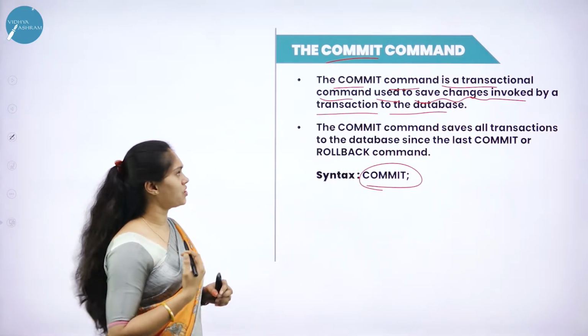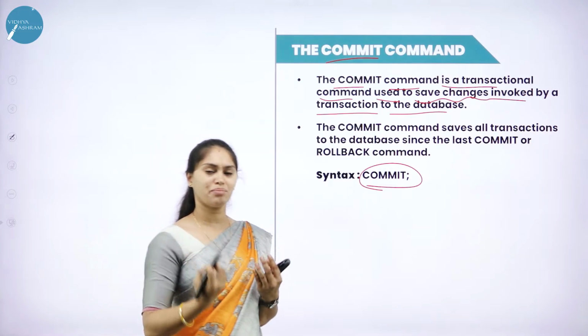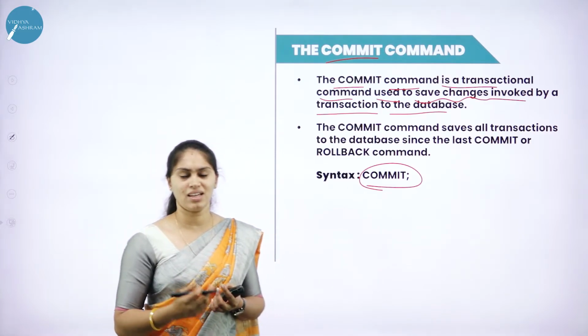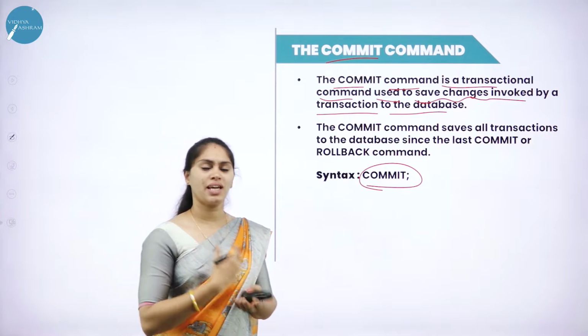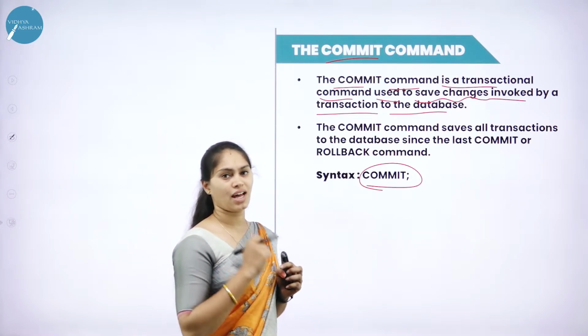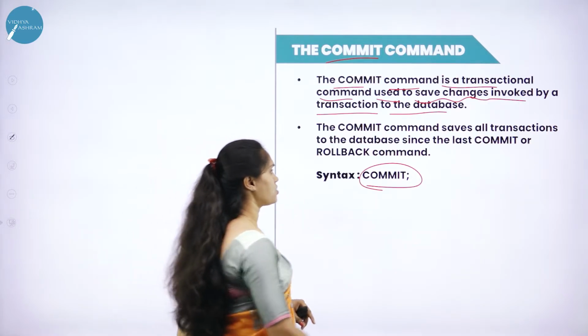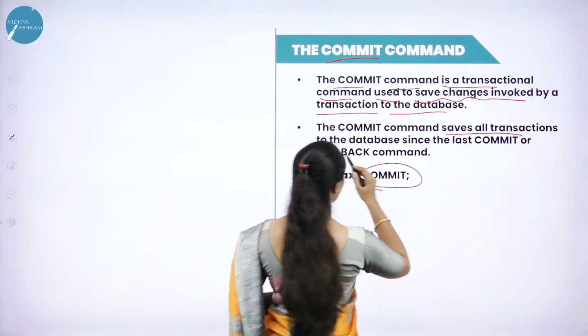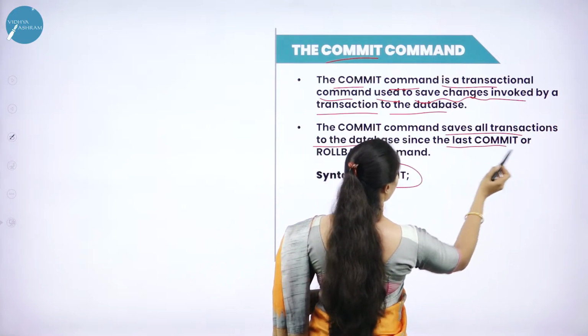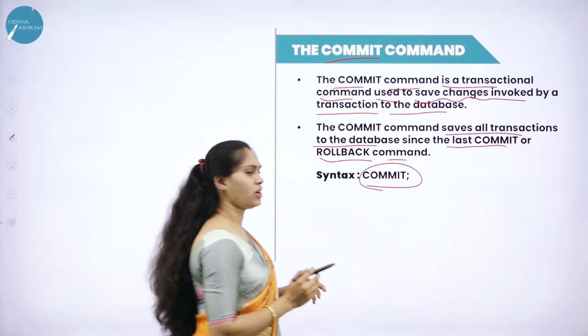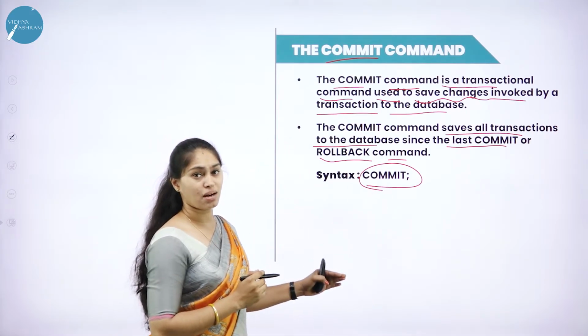What are the transactions that we are making? Transaction in the sense that I'm creating, modifying, altering something, and deleting. If I want to save all those things in a database, then we have to use this commit command. It will save all the transactions to the database since the last commit or rollback command. So it will save up to the last commit command.